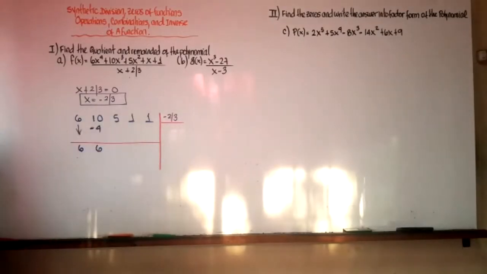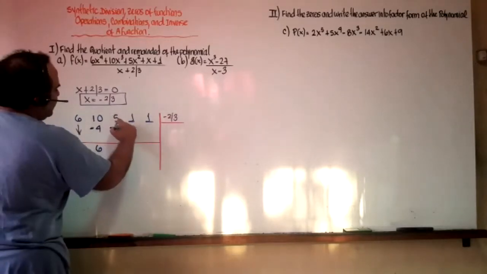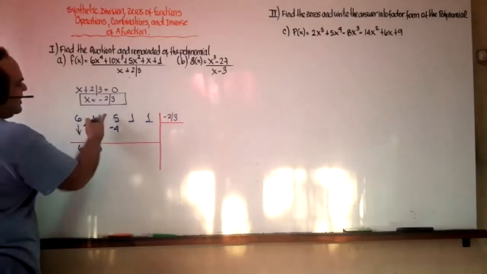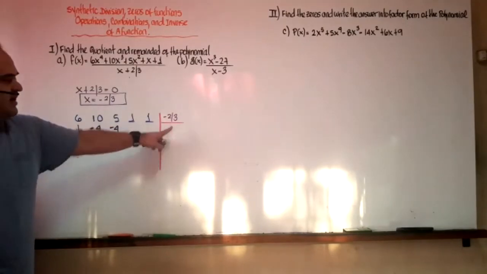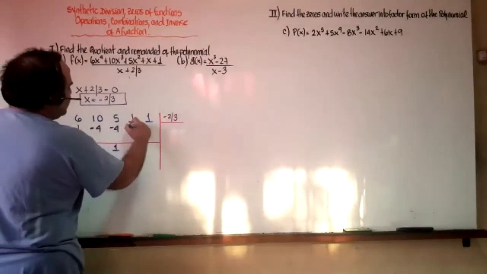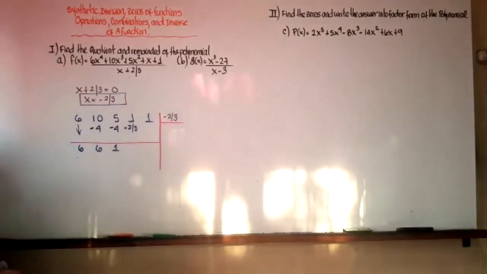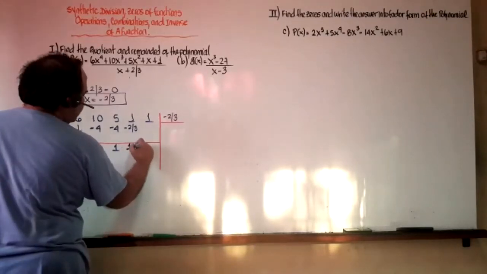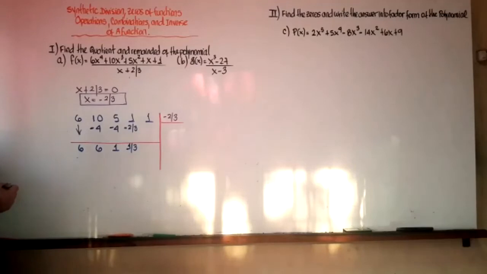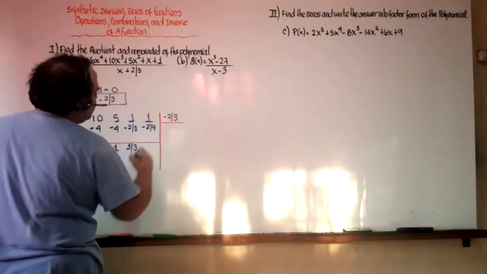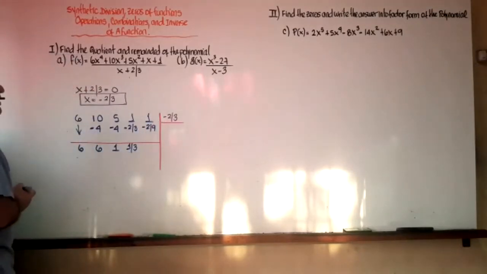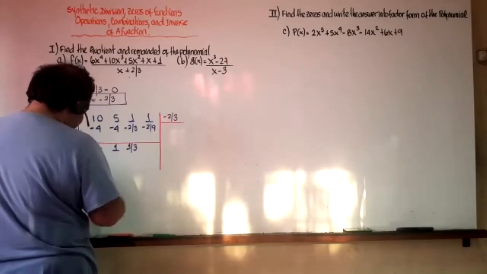Again, 6 times -2 is -12, divided by 3, also -4. 5 minus 4 will be 1. 1 times -2/3 is -2/3, and 1 plus -2/3 is 1/3. And 1/3 times -2/3 will be -2/9. And 1 minus 2/9, the answer will be 7/9.